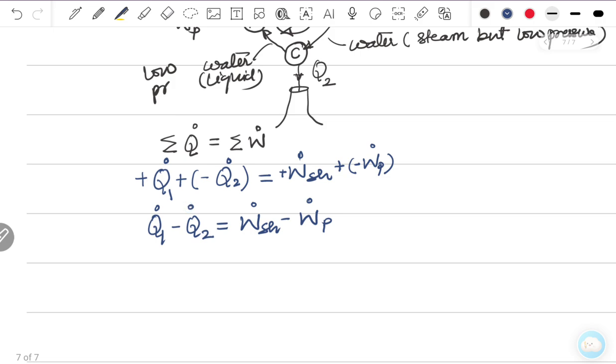Now, for any cycle, the efficiency matters. So how to evaluate efficiency? It is the net work done from the cycle to that of the energy input in the form of heat. So this is the net work done rate, and this is the net heat transfer rate.